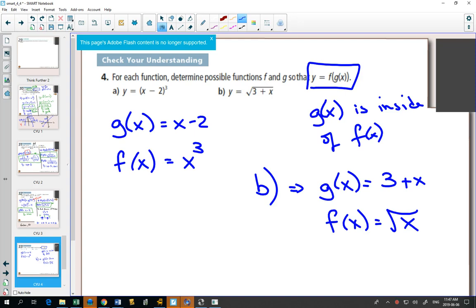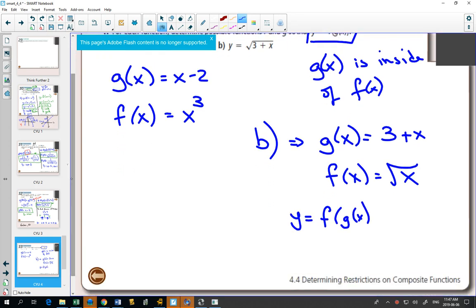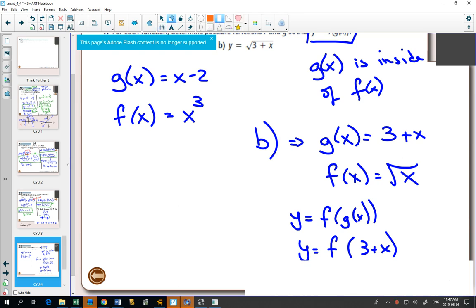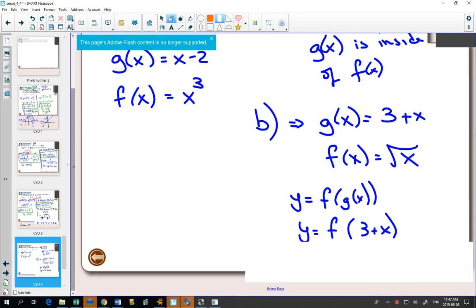And with any of these, you could do a check. If I did f of g of x, g of x is 3 plus x, and then f of x, whatever you plug into f of x gets square rooted. And sure enough, it matches up.